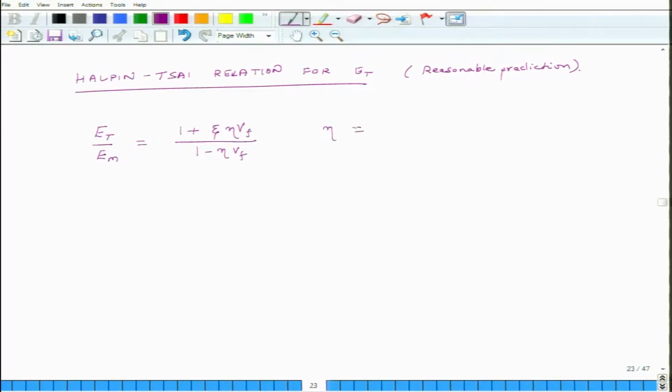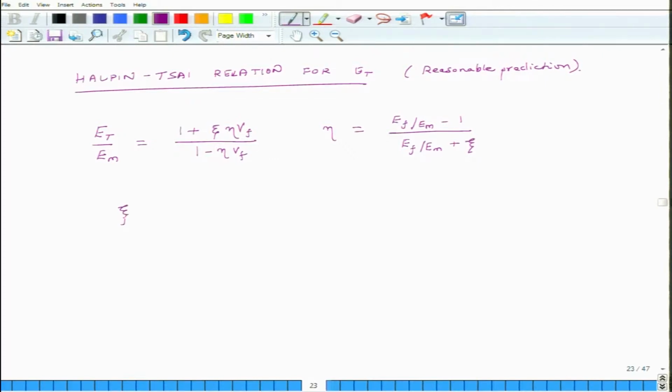So, eta is a parameter, and it can be computed by using this relation. And then you will wonder what is zeta.